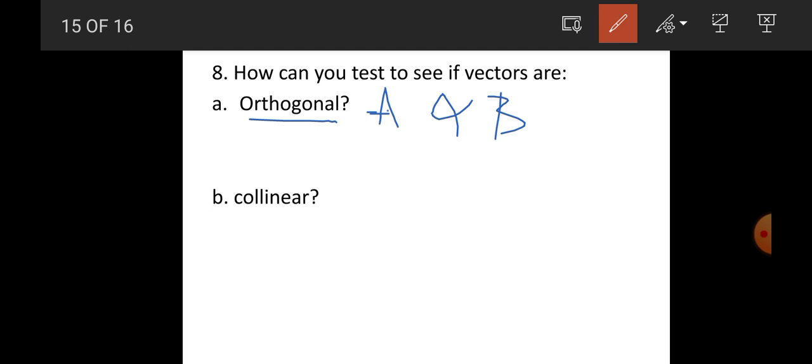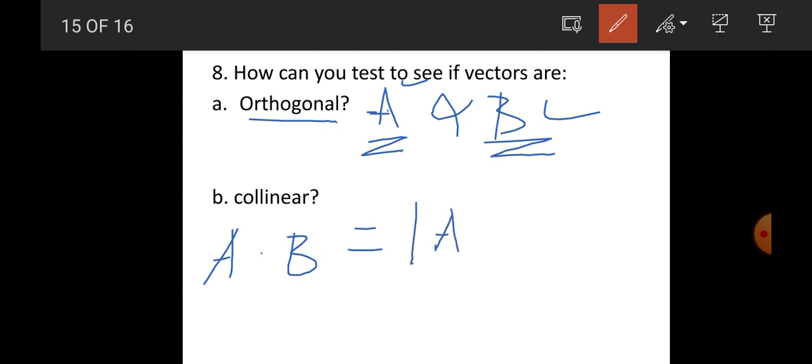If the dot product of vector A and vector B is equal to 0, vector A and B are perpendicular. That means A dot B is equal to the magnitude of vector A times the magnitude of vector B times cosine of theta.